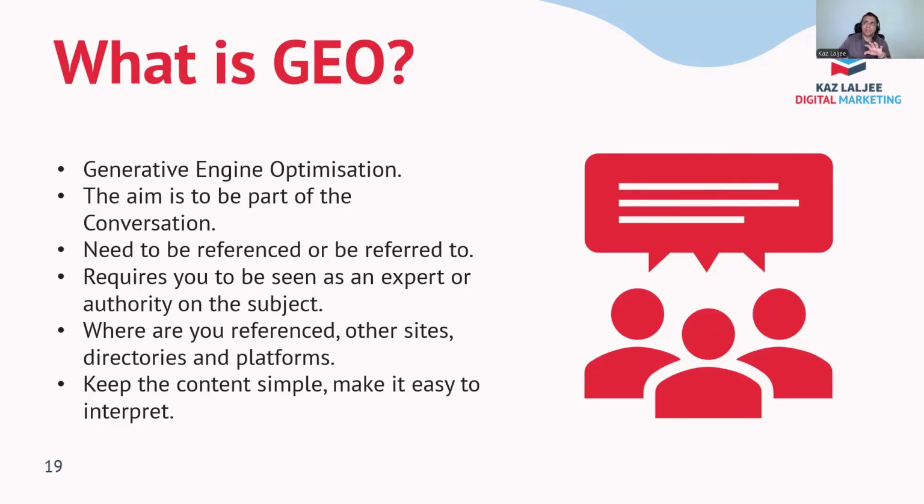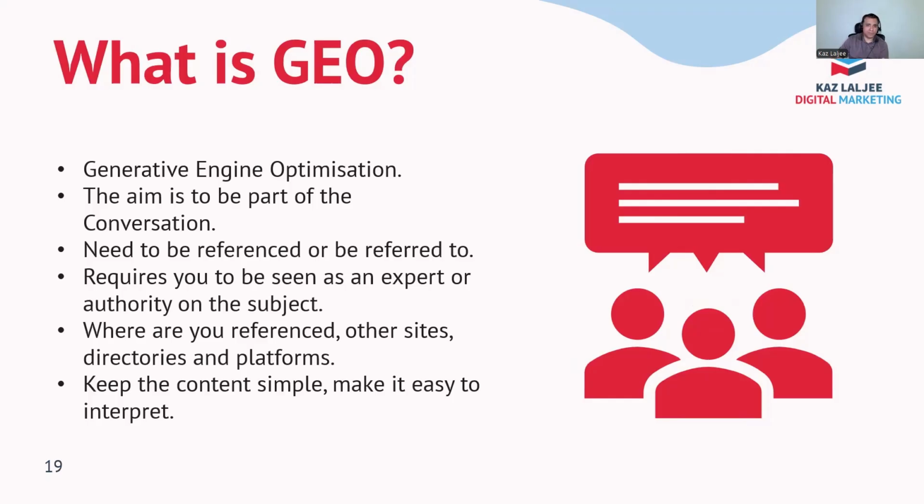Even though we knew it was for customers, we'd almost try to see how Google wants things and make Google happy first. Here, we're making it easy. It says keep the content simple and make it easy to interpret.